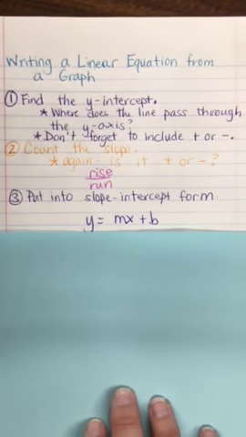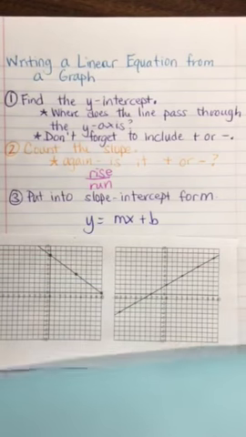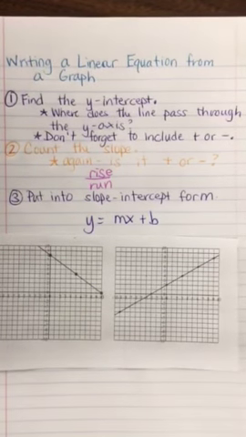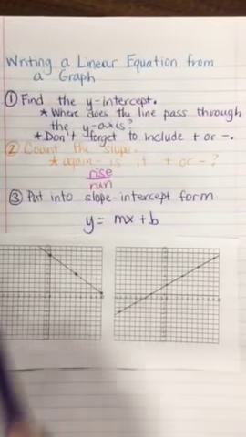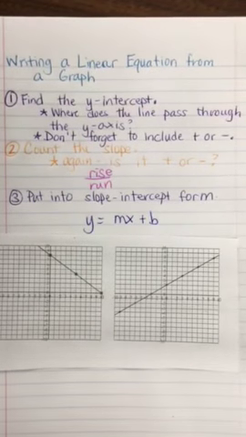So let's do a few examples down here. We're going to look at our first graph on the left, and we're going to follow the steps that we just talked about. So the first thing we're going to do, it says up above, is find our y-intercept. Where does our line pass through our y-axis?